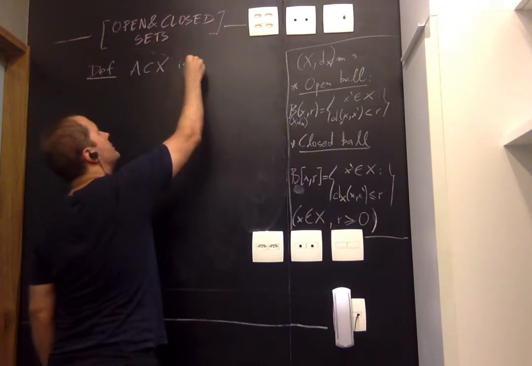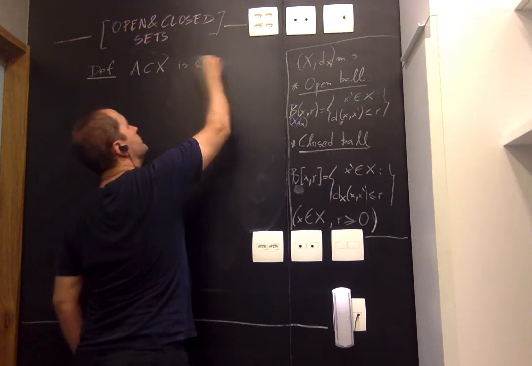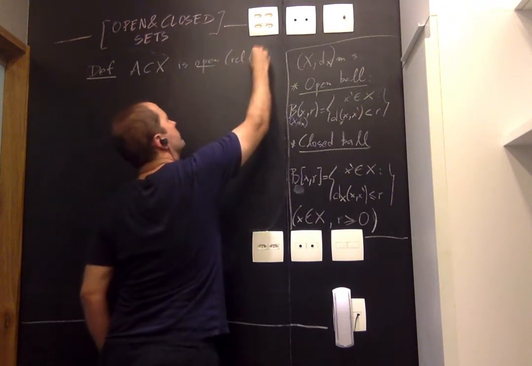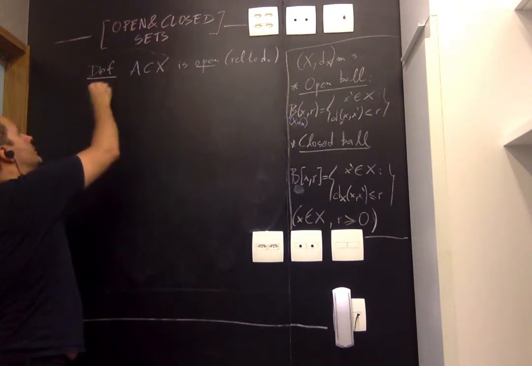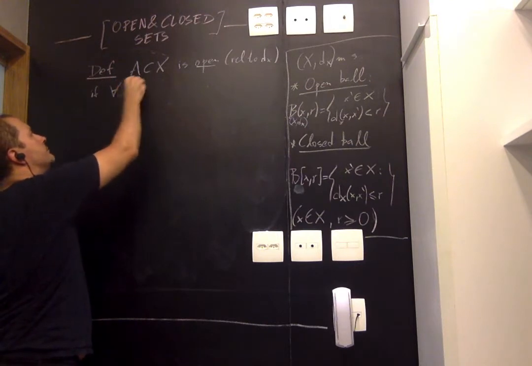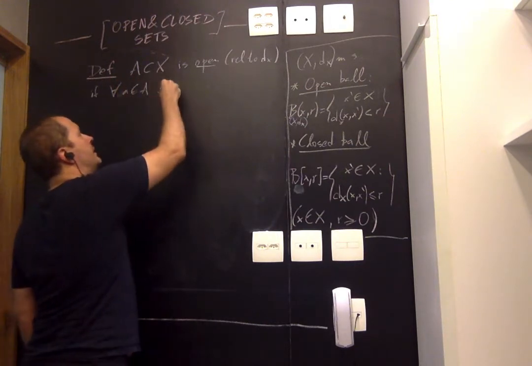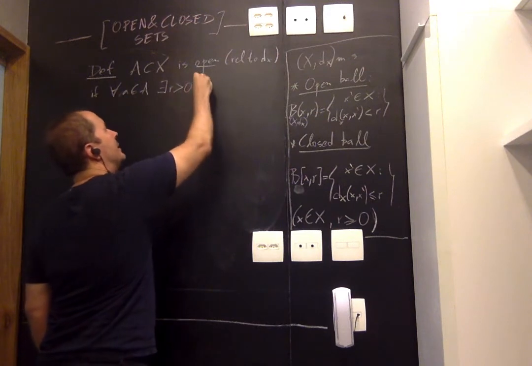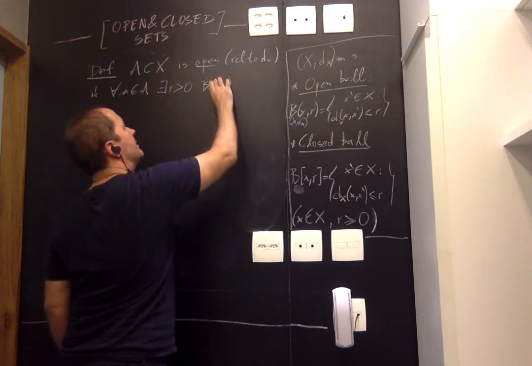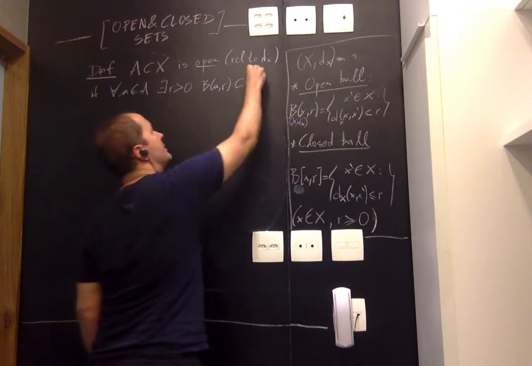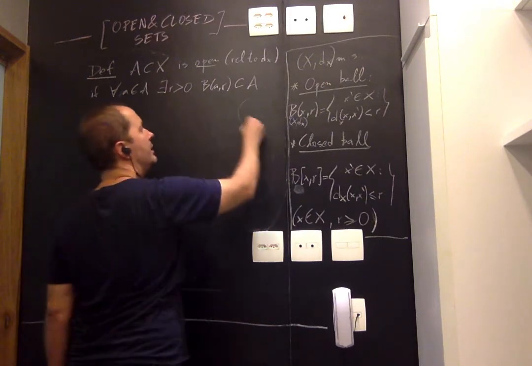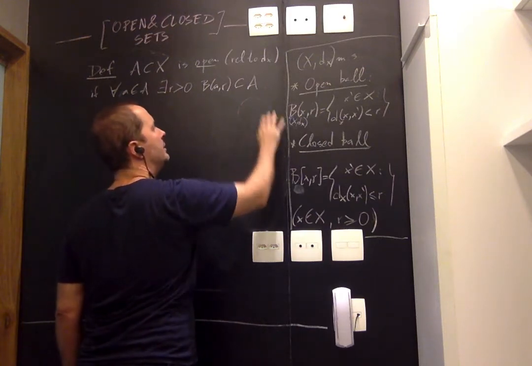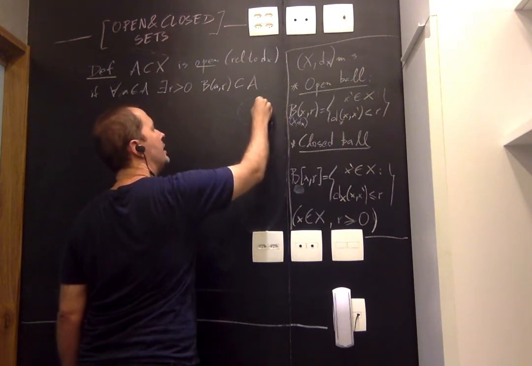Okay, so A contained in X is open relative to d sub X, or according to d sub X, you could say, if for any point in A, you can find a kind of protective bubble around it that's entirely contained in the set A. So the mental picture is you have A, and in order for it to be open, it must be true that for any point in here, you can find a perhaps tiny radius around it.